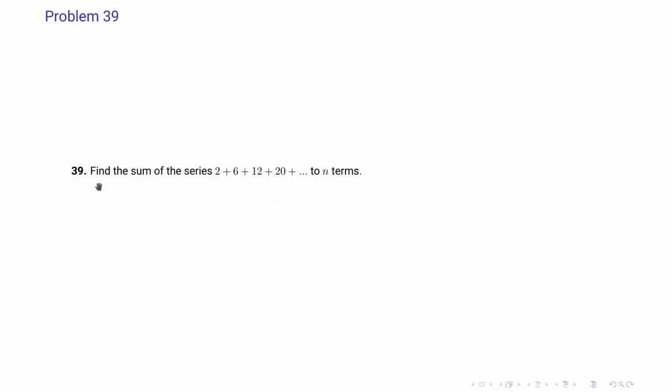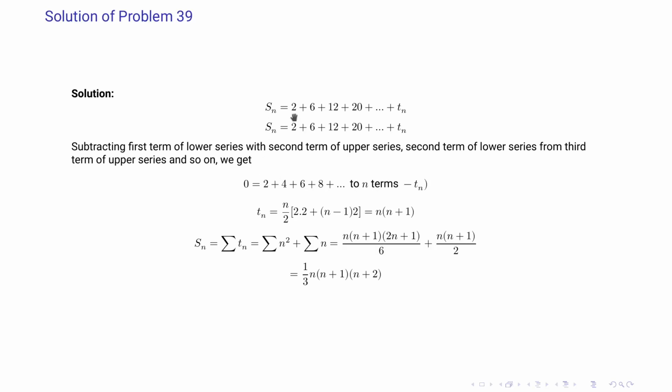Problem number 39 says that find the sum of the series 2 plus 6 plus 12 plus 20 up to n terms. So we write Sn and we write Sn again. We subtract this 2 from 6, we subtract 6 from 12, subtract 12 from 20 and so on.